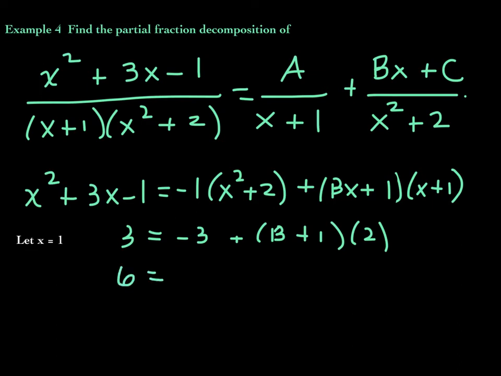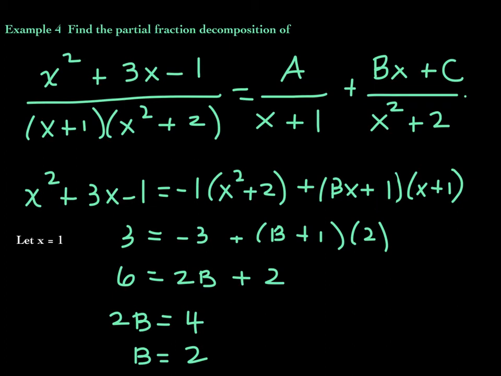Adding +3 to the left-hand side gives you 6. And then I'm also going to distribute this 2 here, so you're going to get 2b plus 2. Cool. And that will leave you with 2b is equal to 4, which gives you that b is equal to 2. So we found b is 2, we found a is -1, and we found that c is +1.